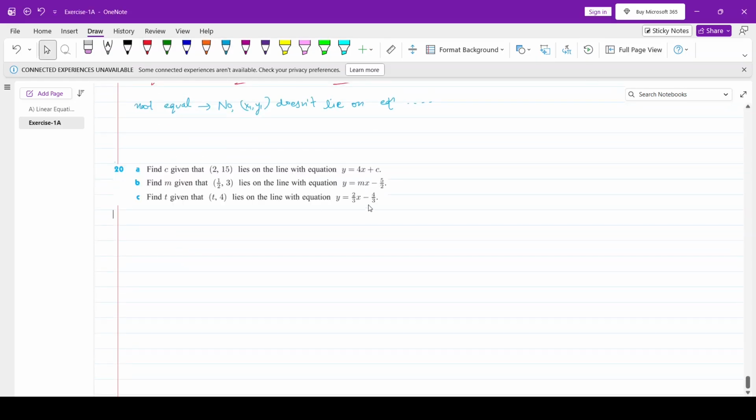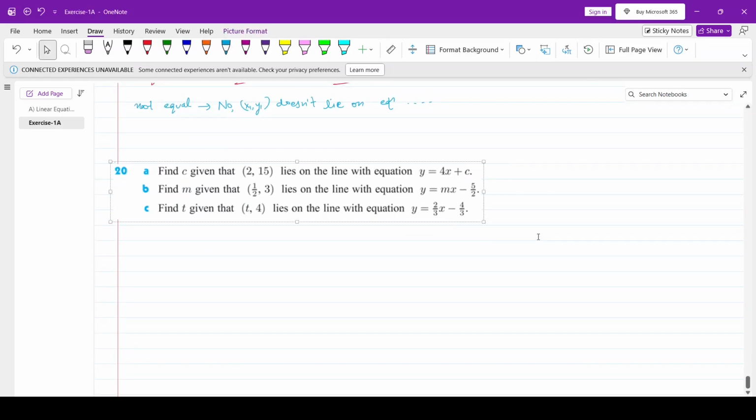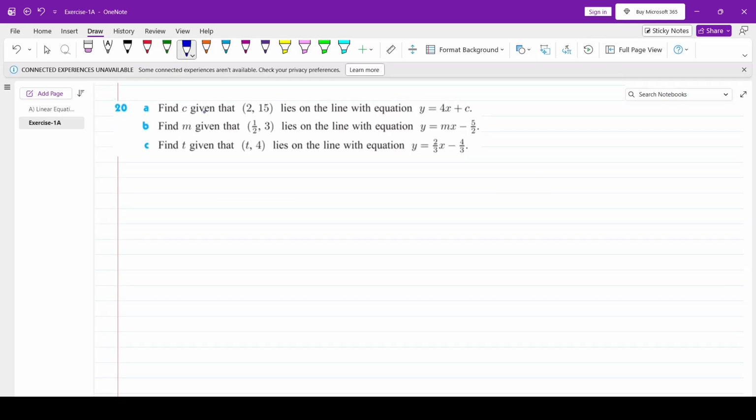Question number 20. Find c given that 2 comma 15 lies on the line with equation. In all these questions, part A, part B, part C, it has given us an equation, and now it is asking us to find the value of a certain constant given that a point lies on it.